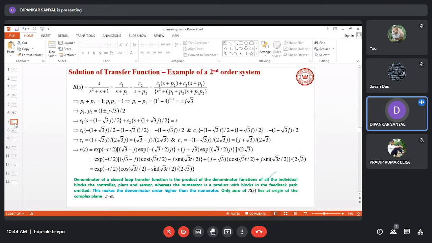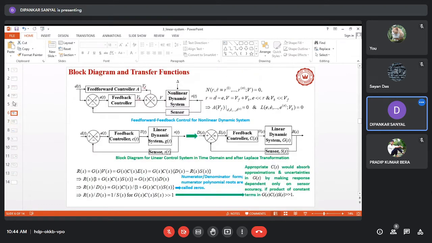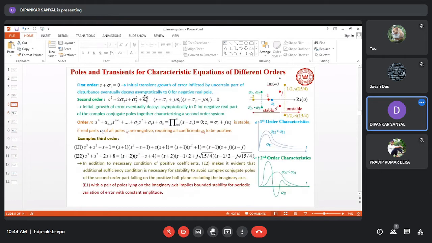And if the coefficients are positive, we have already seen for first order and second order systems that that is sufficient for guaranteeing stability. Now here we have dealt with two examples of third order system.